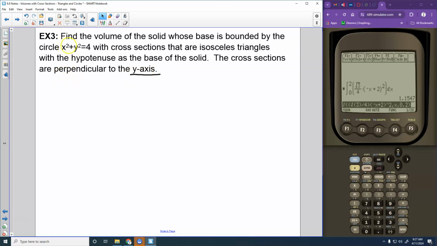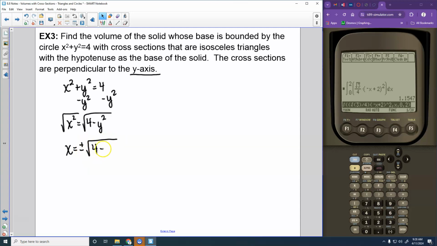So x squared plus y squared equals 4. We subtract y squared, and so x squared equals 4 minus y squared. We take the square root of both sides, so x equals plus or minus the square root of 4 minus y squared. That's really two separate equations, and we'll talk about that in a second when we graph it.